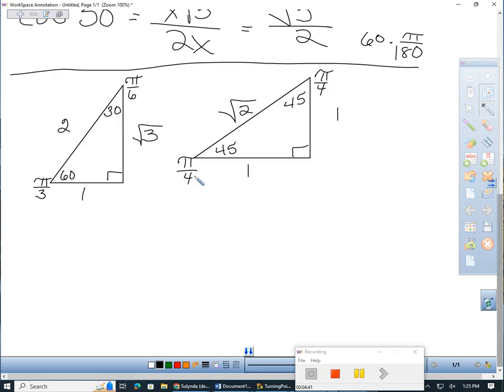Then we get the next one, pi over 4, pi over 3, and then pi over 2 is 90 degrees. It follows the same thing all the way around. So that clock is made up of nothing but special right triangles. So that's what we're going to be learning about. Okay? So, following this, example number 1, and what you are doing for 19 through 24.